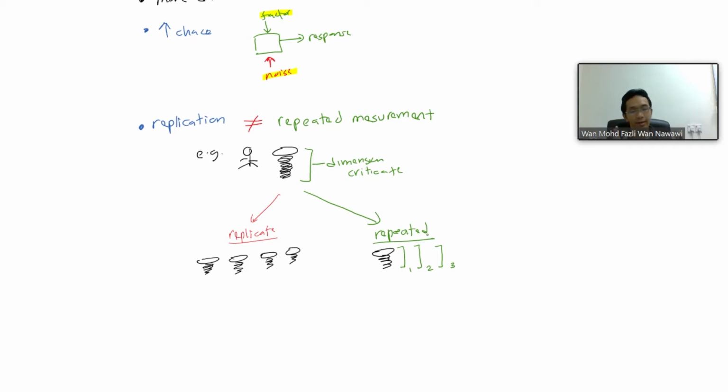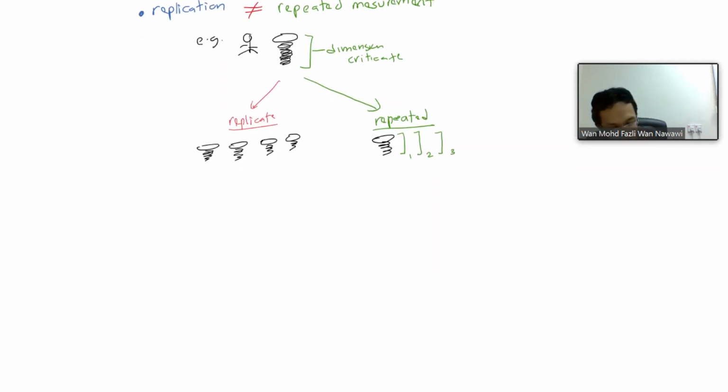Let's say what is common in an experiment is this. You want to make a screw, and in order to make this screw, you have a mold.